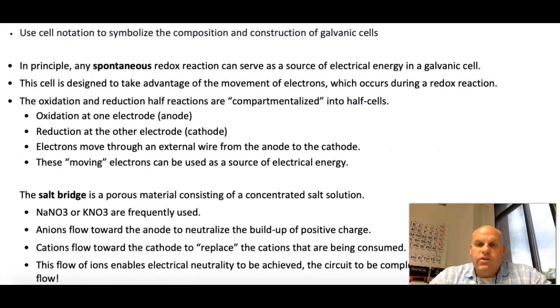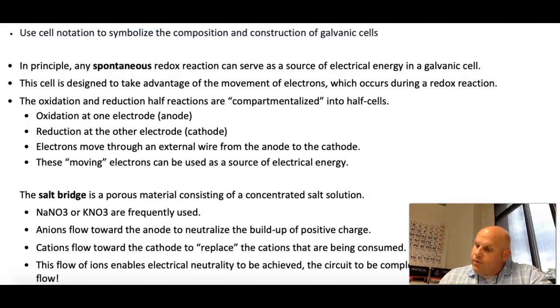So to start Chapter 16, we reviewed oxidation, reduction, and redox reactions. In general, any spontaneous redox reaction can produce electrical energy because you get an exchange of electrons. Something is losing electrons, being oxidized, and something is gaining electrons, being reduced.